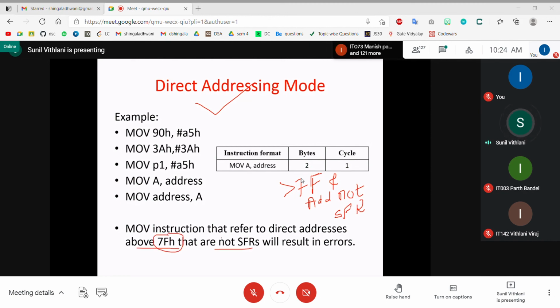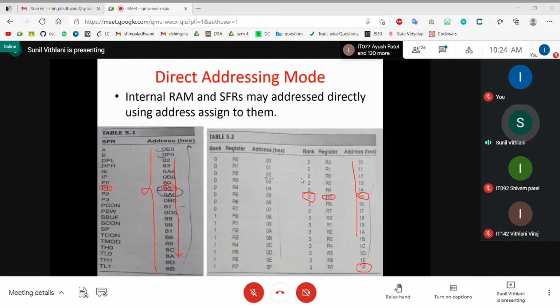But if that address is of any special function register, then there will be no error. Like over here, I have used 90, which is definitely greater than 7F. But ये 90 है वो किसका एड्रेस है? So 90 is the address of our port 1, so that it will not generate the error. Are you getting this? यहाँ पे आपको पता चल रहा है what I am trying to explain you.